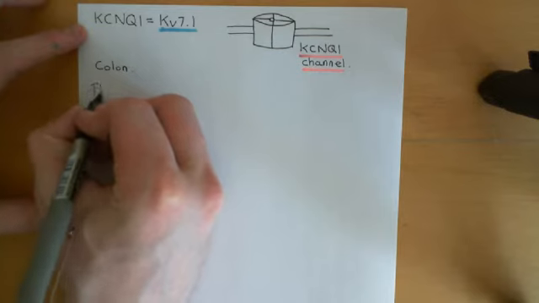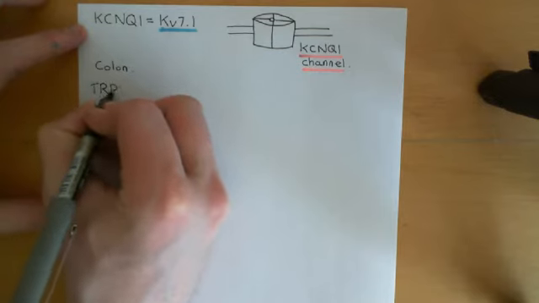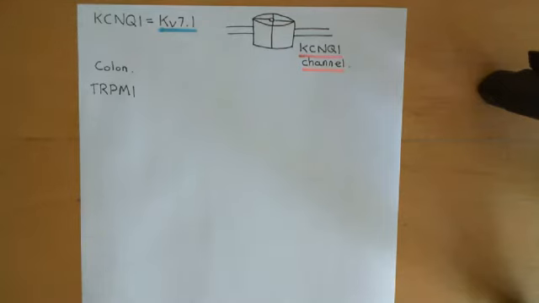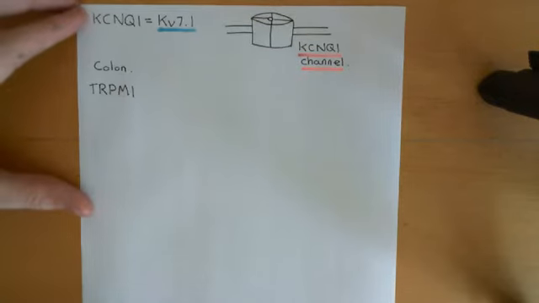The example that I have here is the channel TRPM1. We've already looked at TRPM8, the cold sensor. TRPM1 is another homotetramer of 4 TRPM1 subunits that again forms a non-selective cation channel.